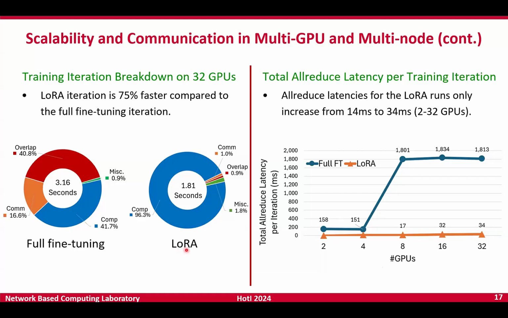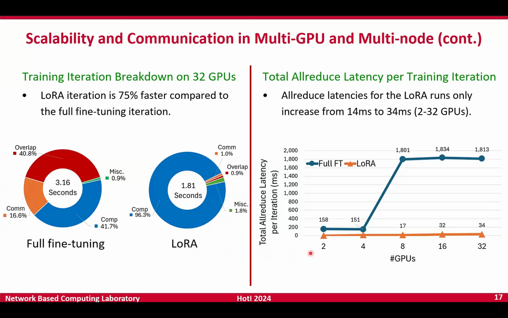In this pie chart, we can see that the communication overhead, the red part and the orange part, is a large percentage compared to LoRA.